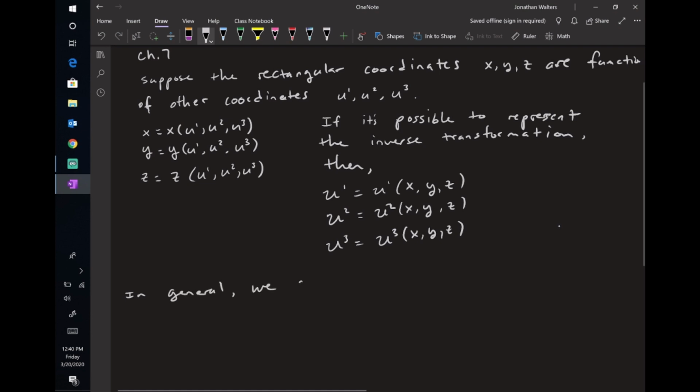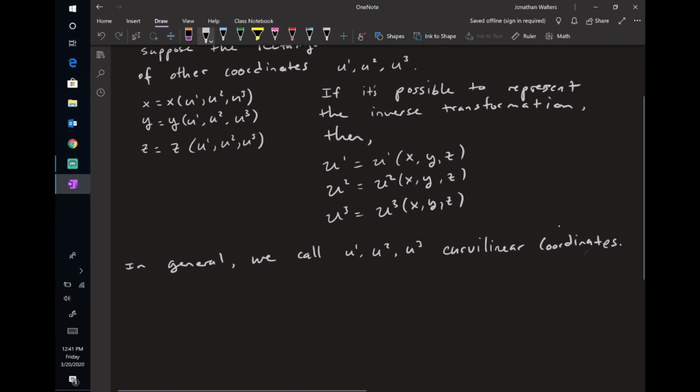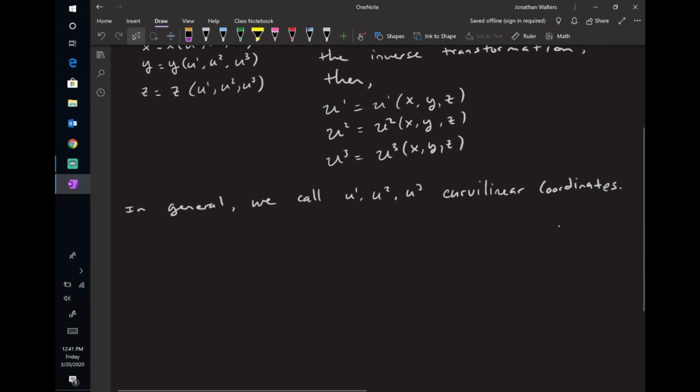So in general, we call u1, u2, u3 curvilinear coordinates. They may or may not actually be curved, but most of the time they are curved, and we would call them curvilinear coordinates. Now if we just work with two variables, x and y, we can look at a nice easy example.